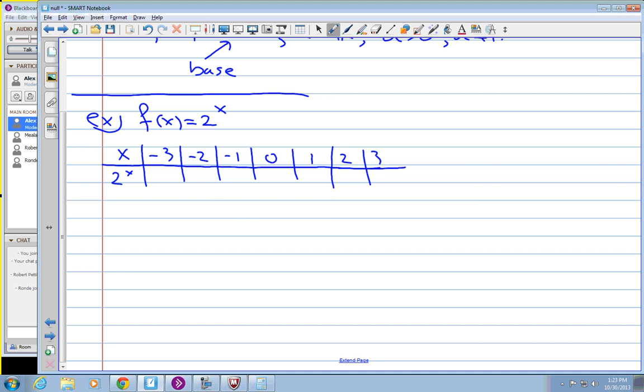So now remember what negative exponents do. If I look at 2 to the power negative 3, what is the interpretation of negative powers?